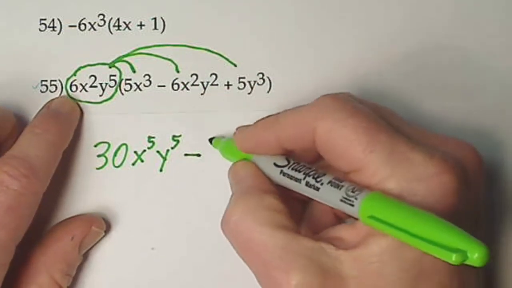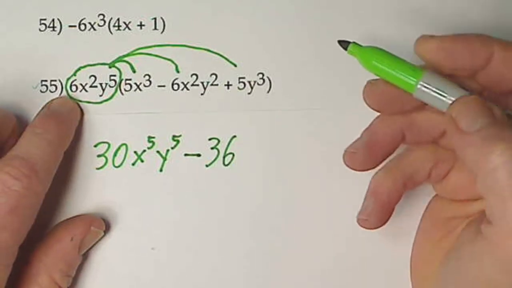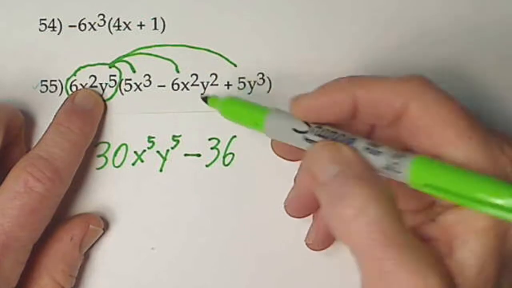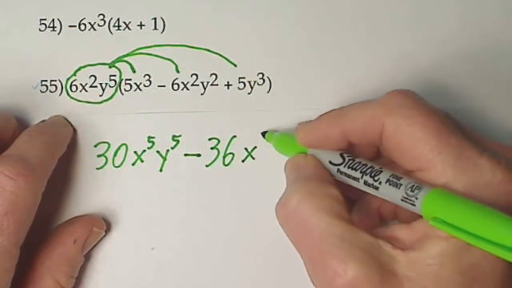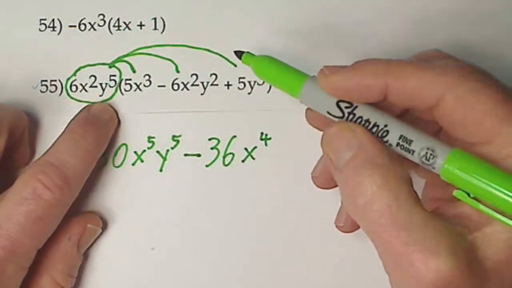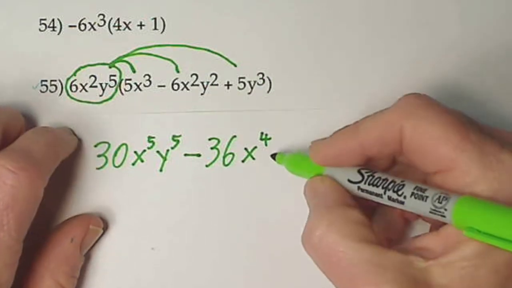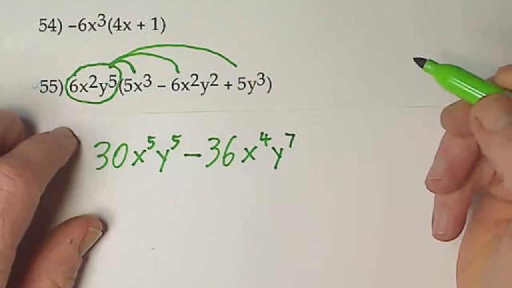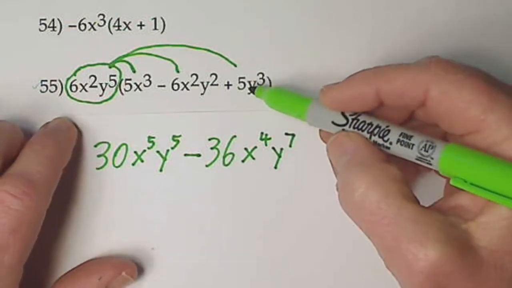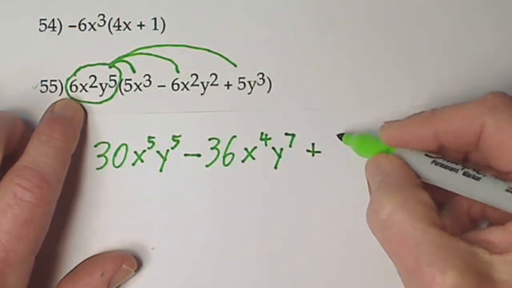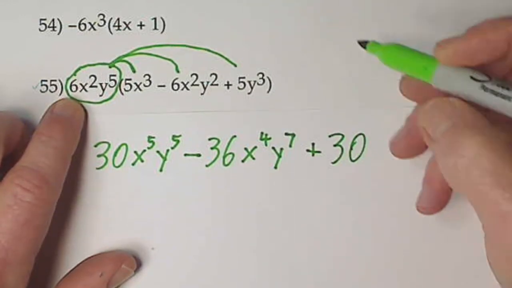6 times 6, 36. X squared times x squared means you add exponents, so you'll have x to the fourth. Y to the fifth times y squared means you add exponents, y to the seventh. And then moving over here, 6 times a positive 5 is positive 30.